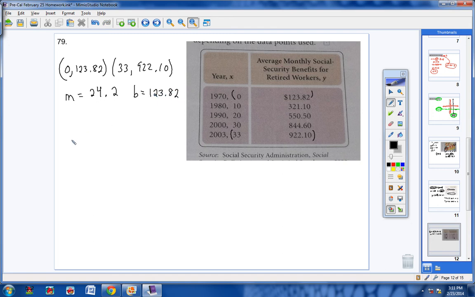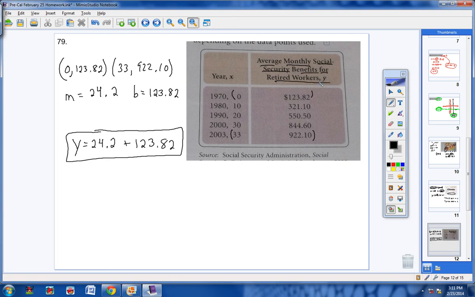So now I can write my linear equation. Y equals 24.2 plus 123.82. Now this is a model of the average monthly Social Security benefits for retired workers.